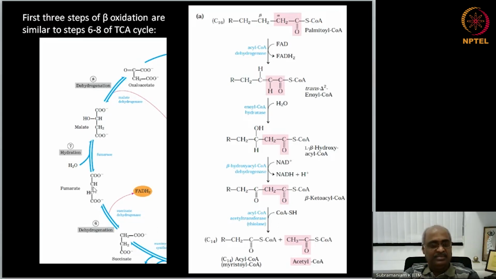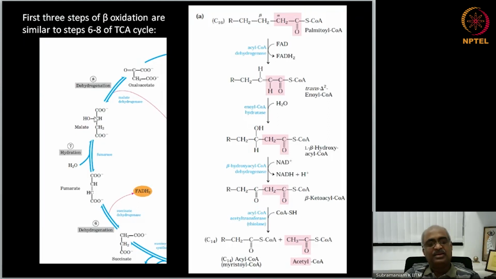And then this is hydrated, it's a hydration reaction. So the enzyme can be called hydratase, where the beta carbon gets oxidized by forming a hydroxyl group there. Instead of the original hydrogen, now it's a hydroxyl group, and the other hydrogen of the water is with this, when you reduce this double bond.